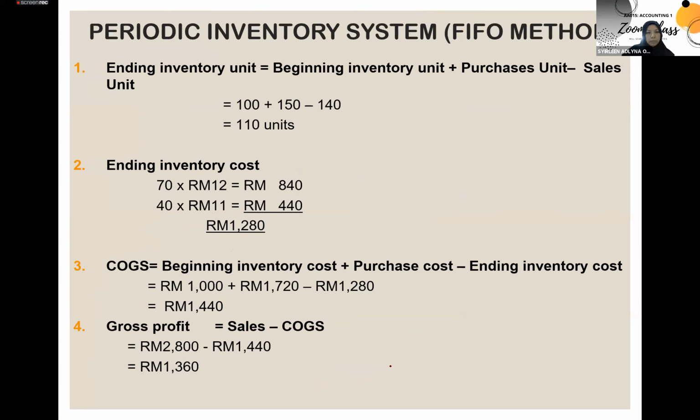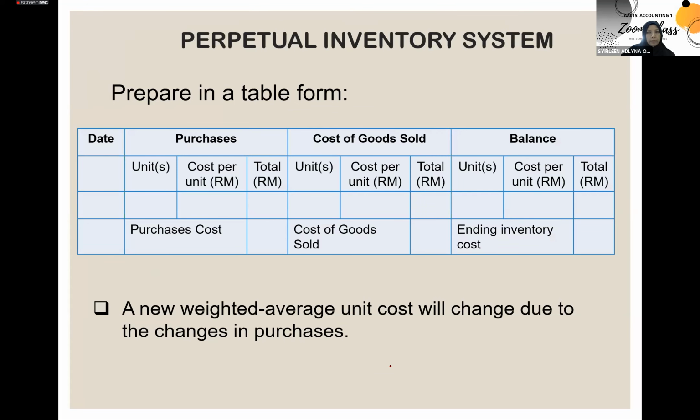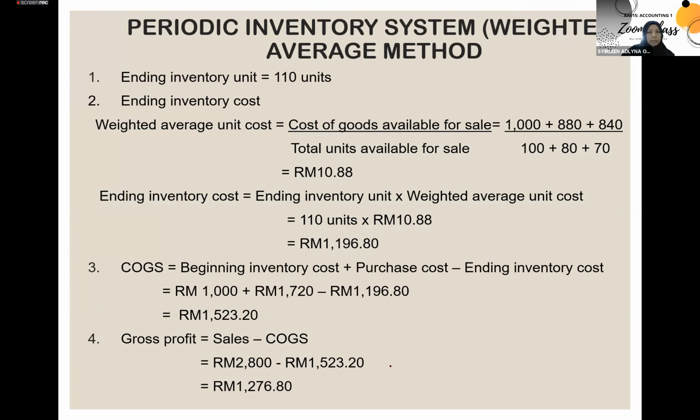Okay, ini pun sama. Alright, okay, kalau kita guna periodic, okay, you akan kira guna formula macam ni lah. That means kita akan kira dulu ending inventory. Lepas tu ending inventory dalam bentuk unit. Tapi you kena faham sebab kita buat accounts, so jawapan you mestilah dalam RM. So kita akan kira pula lepas tu ending inventory cost. So that means you need to calculate the cost for one unit.